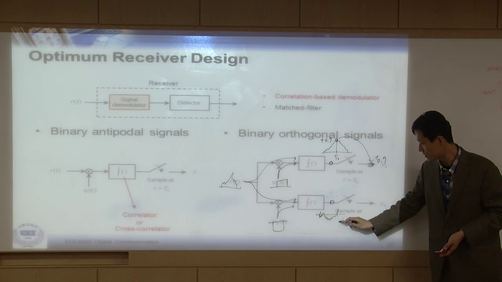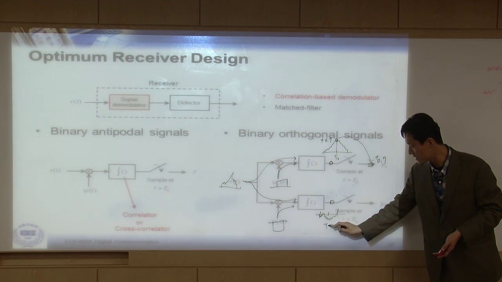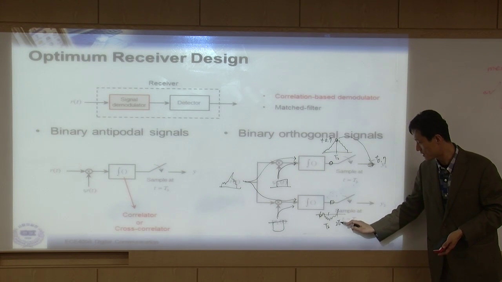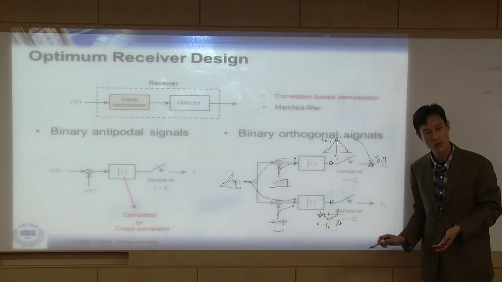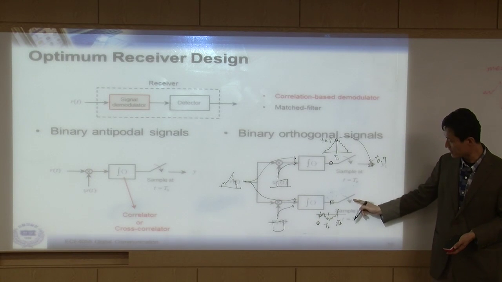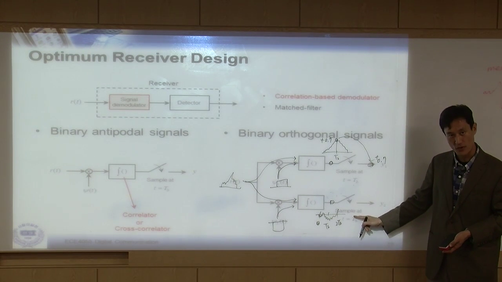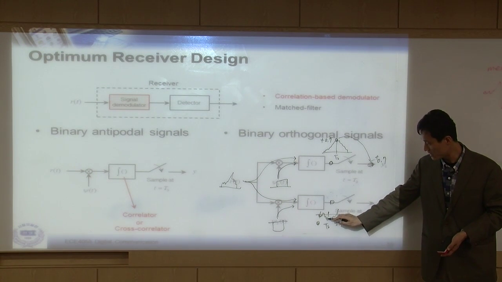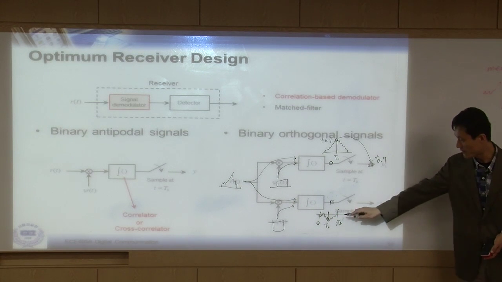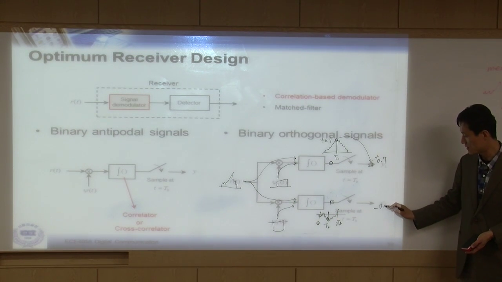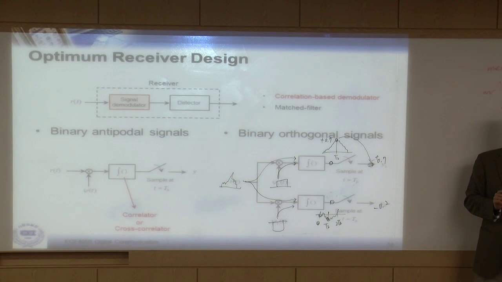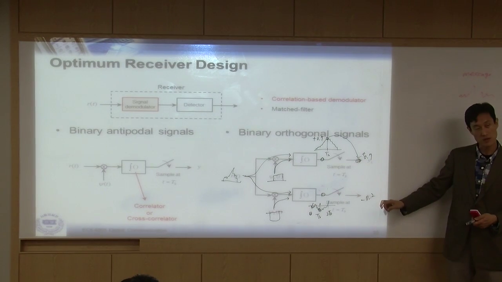And again, here to here, the middle point is TB. Here is a 2 TB. Here is a 0. And again, you sample it at the middle point, TB. So you are going to get this value. That value happens to be something like this. So based on these two values, you are going to make a decision.